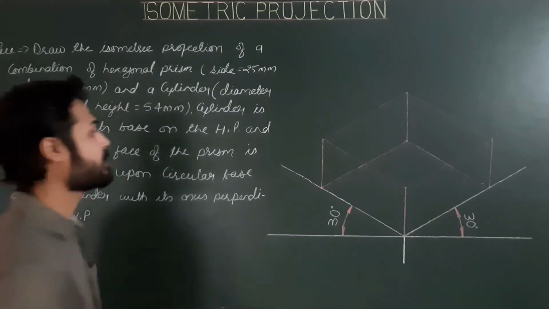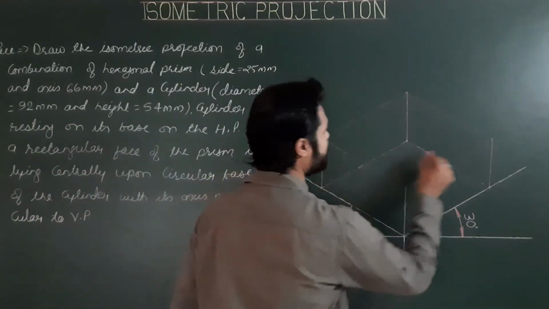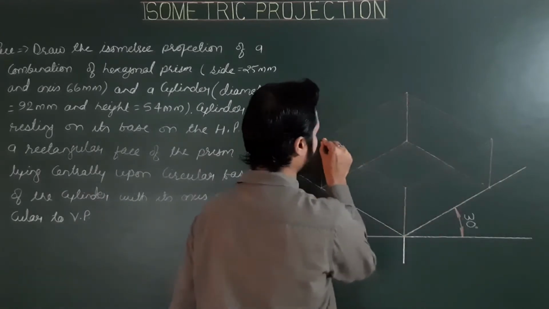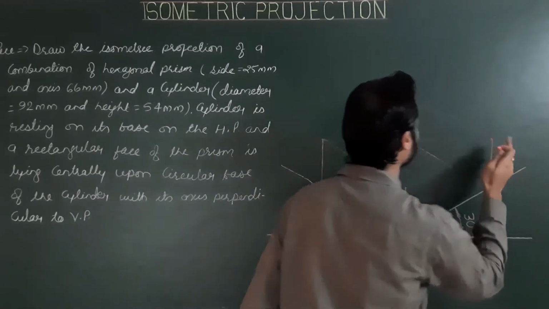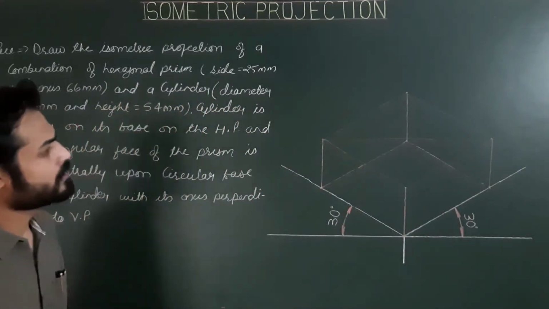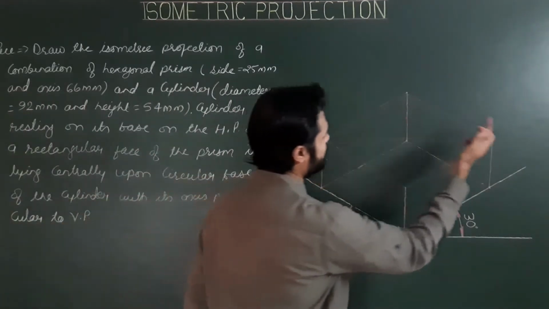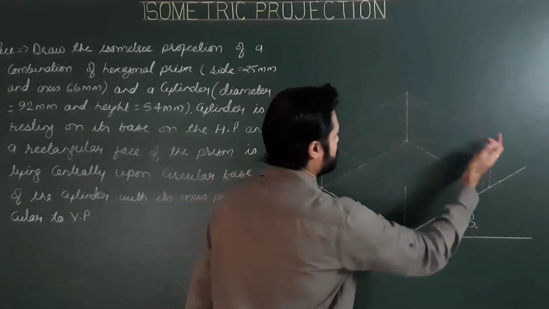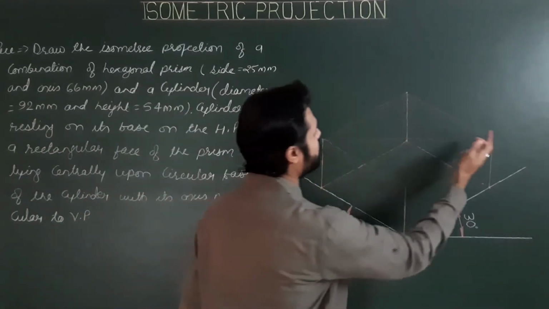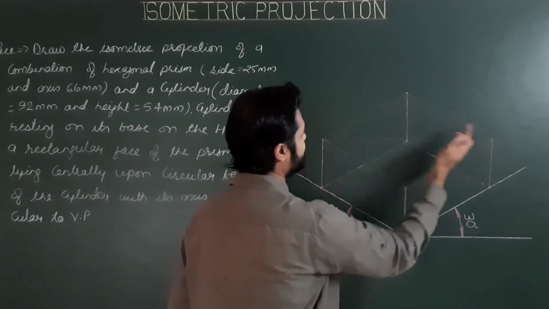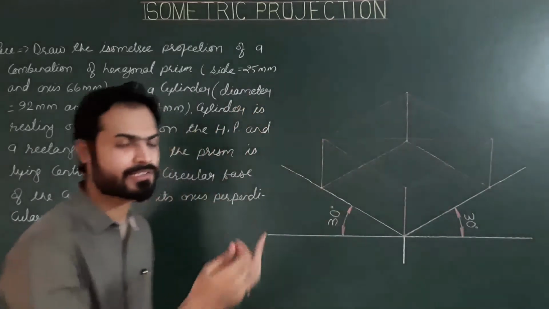So starting from the upper base, first step, drawing lines joining opposite corners of the square, or simply we have to draw lines from these two opposite corners for which the length of the diagonal will be larger.